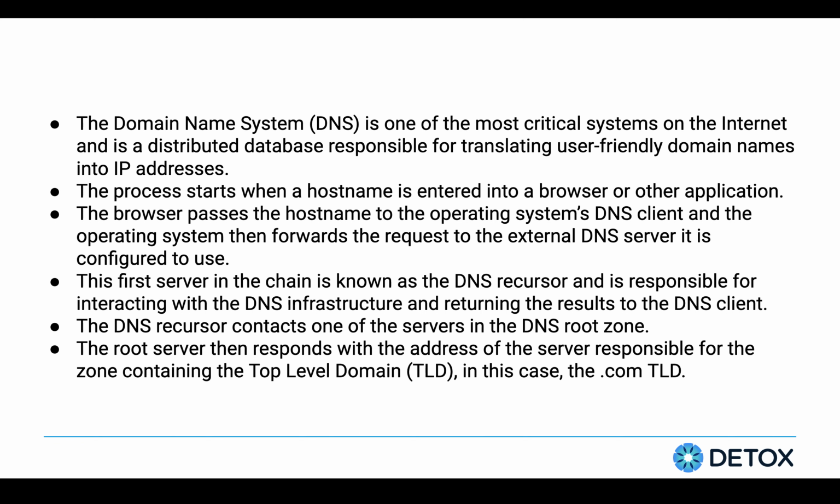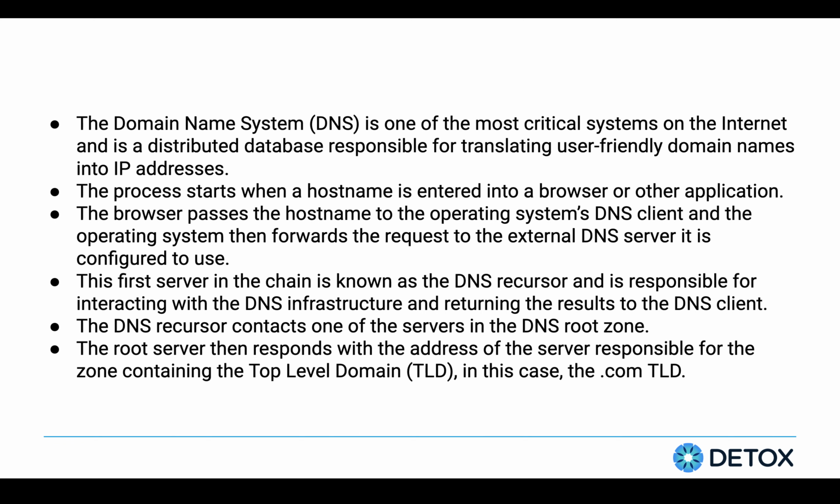The authoritative name server is the final step in the DNS lookup process and contains the DNS records in the local database known as the zone file. It typically hosts two zones for each domain: the forward lookup zone, which is used to find the IP address of a specific hostname, and the reverse lookup zone, which is used to find the hostname of a specific IP address.